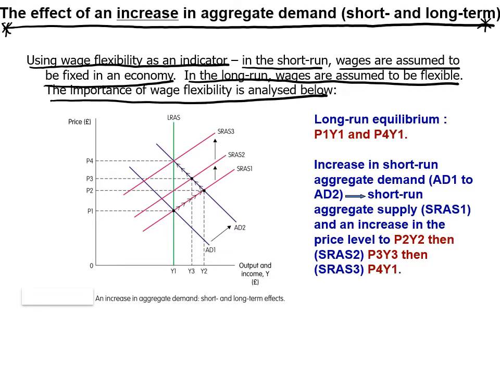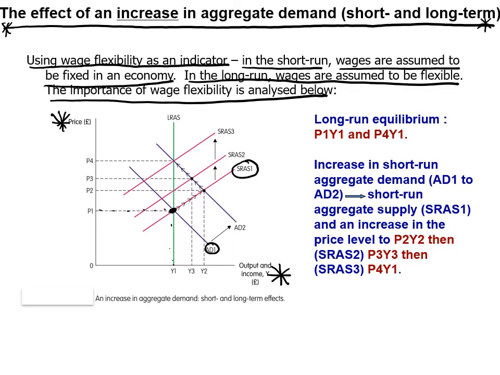So what happens? Say we're at this economy, right? And this is our price level, and this is our level of output and income. Okay, now we're already at equilibrium here. So this was our aggregate demand curve, this was our short run aggregate supply curve, and we're at equilibrium at P1, Y1, and everyone was happy.